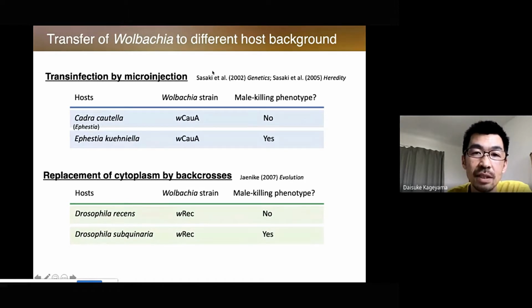At the time he was an assistant professor at the University of Tokyo, and he moved the Wolbachia strain wCA from naturally infected Quadricallula into closely related different host species. In the natural species, they do not cause male killing, but after moving to the different species, they induce male killing.